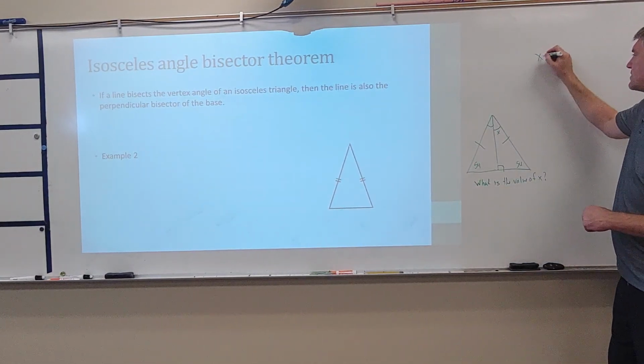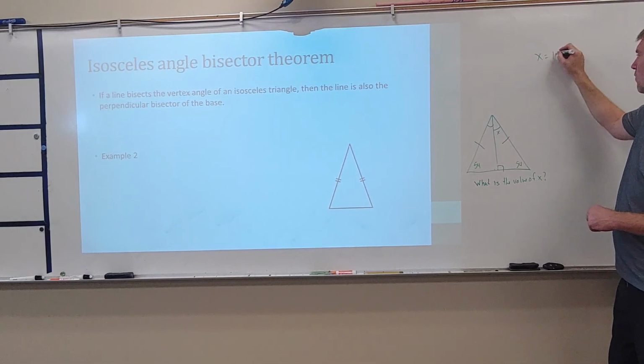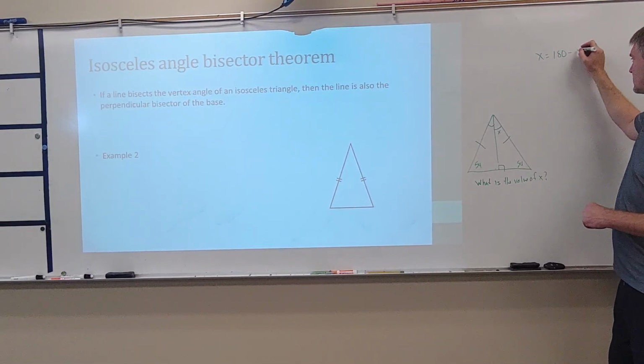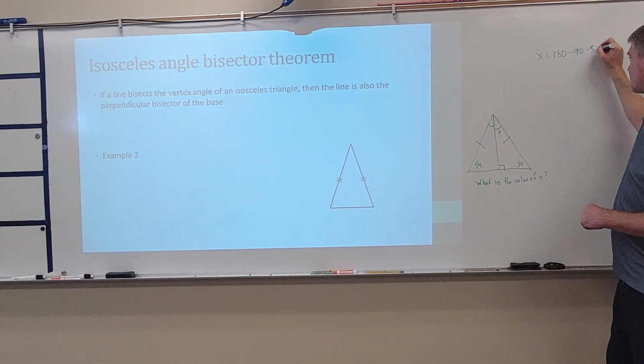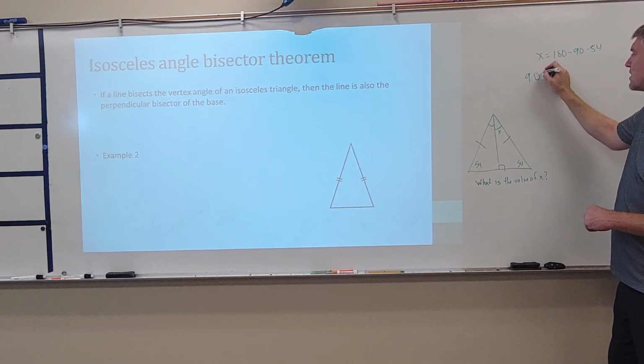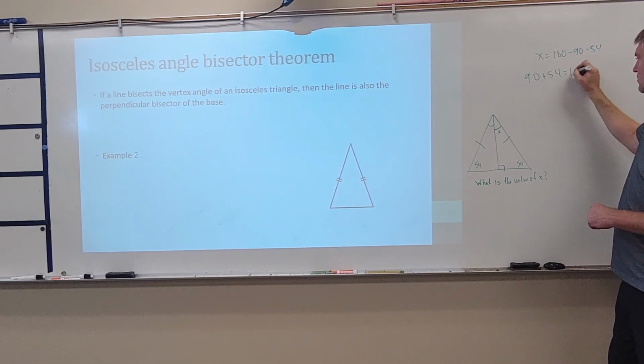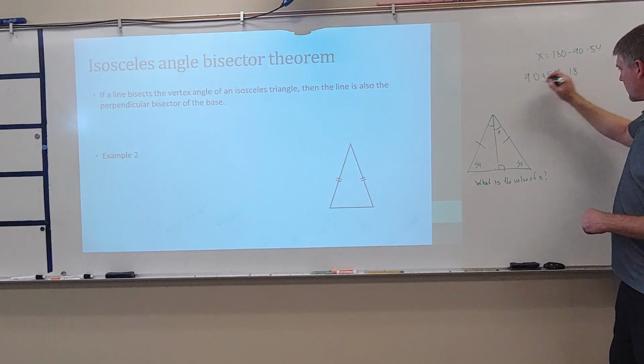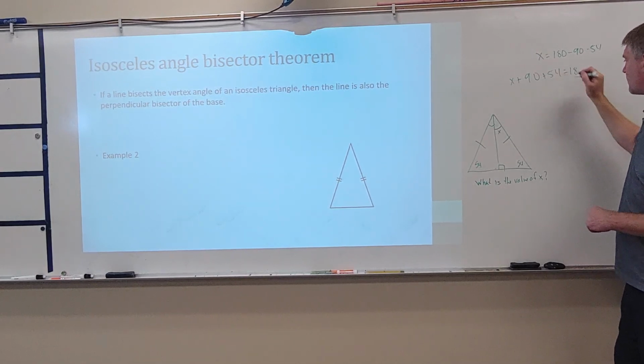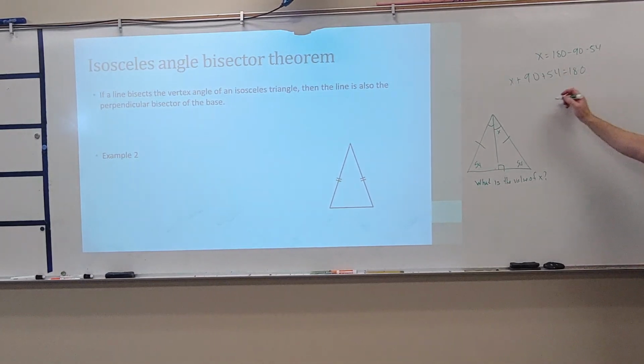So x plus 90 plus 54 equals 180, right? So x is going to be 90 minus 54, which is 36. So x is 36 degrees.